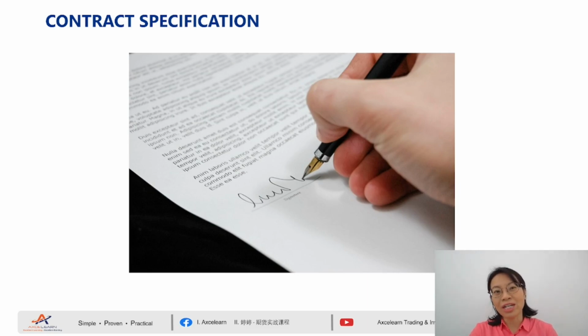Now, what is contract specification? This contract specification is something like an agreement, a standard agreement. For example, if today I want to buy a house, I need to sign an S&P agreement.